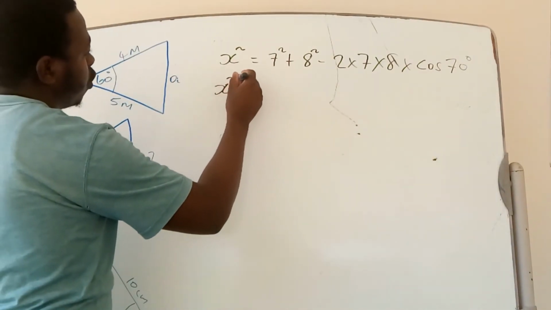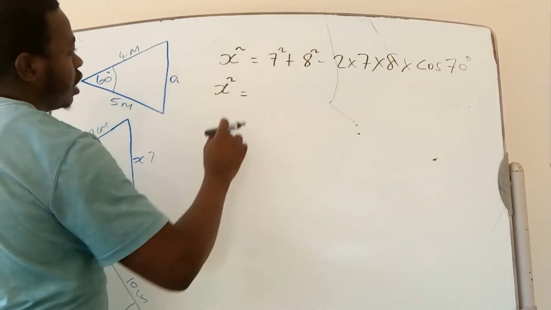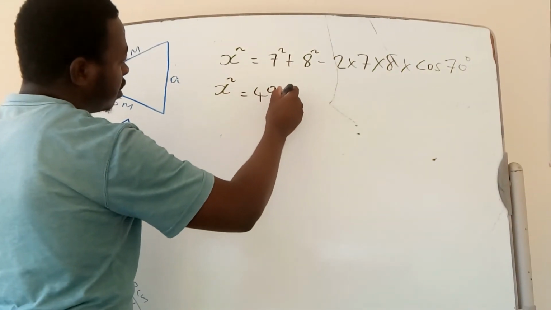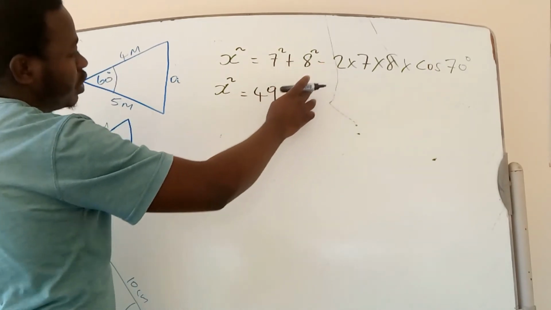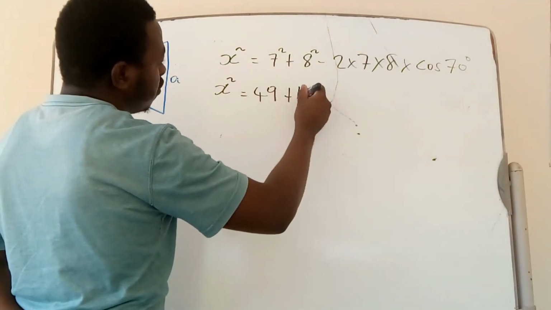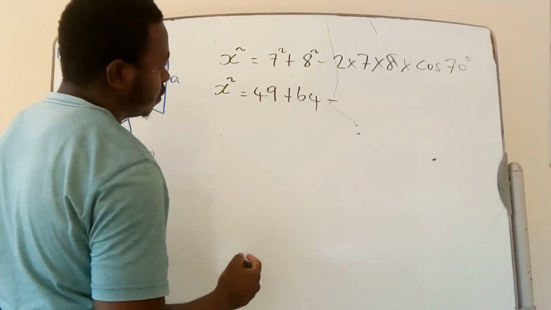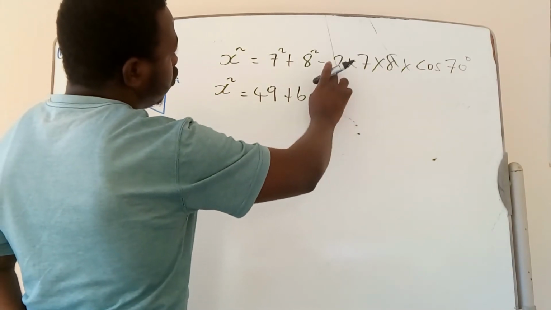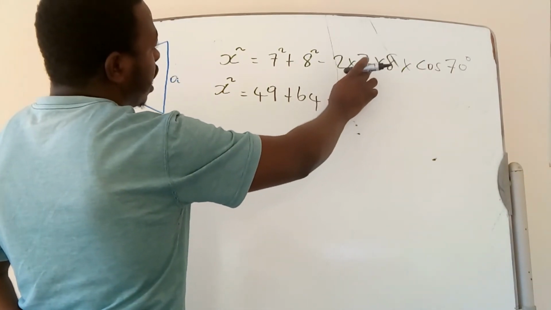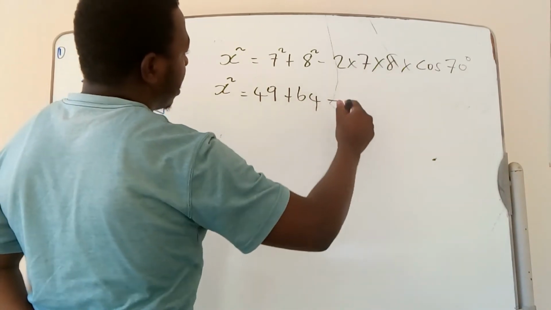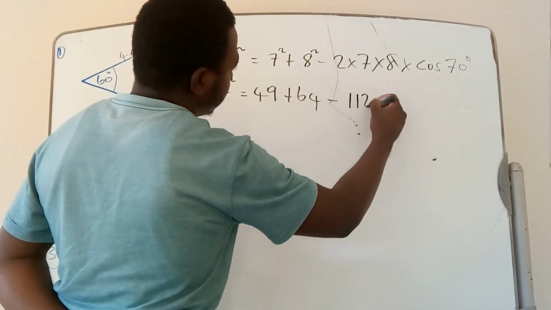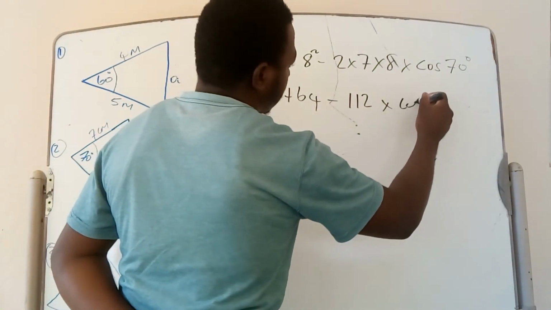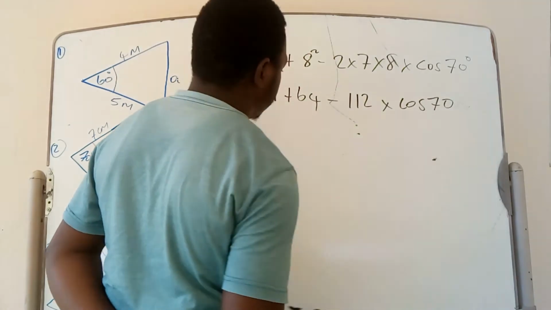So x squared is equal to 7 squared, means 7 times 7, which gives us 49, plus 8 squared, which is 8 times 8, and that's 64, minus 2 times 7 times 8. 2 times 7 is 14, and 14 times 8 is 112, times cos of 70 degrees.